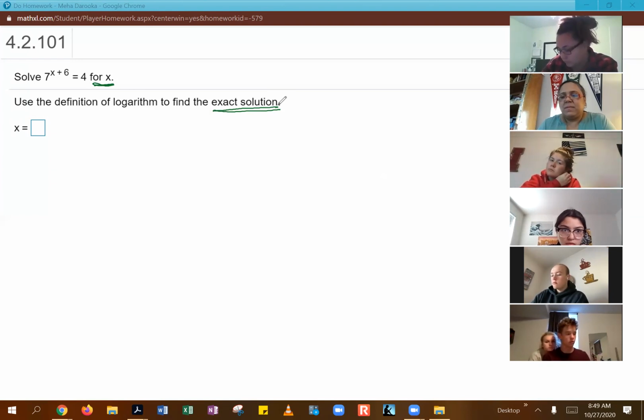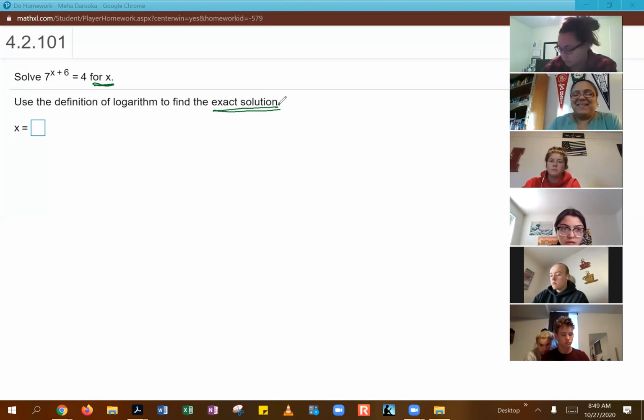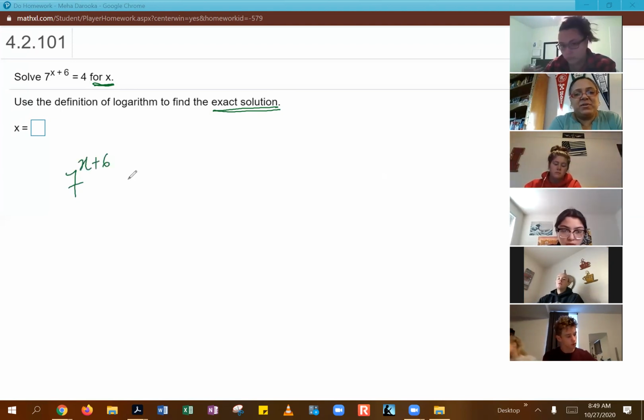We change it back to a logarithmic setup. Yeah, very nice. A logarithmic equation. So what do you think this will look like when we convert this into a logarithm?